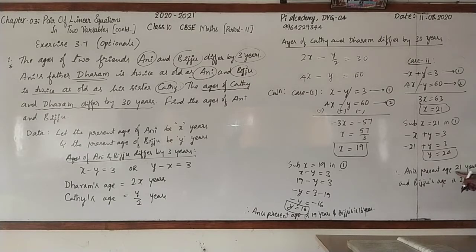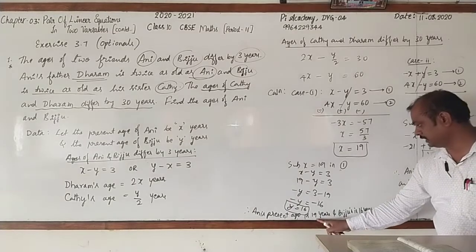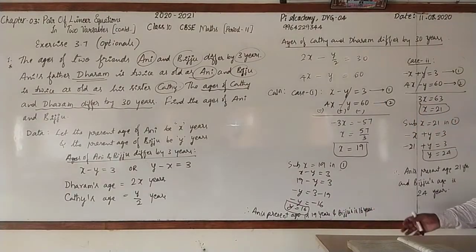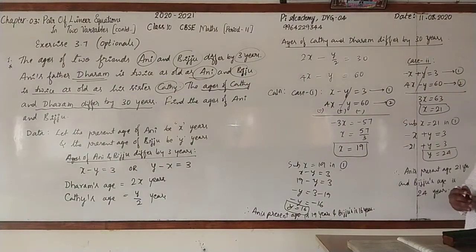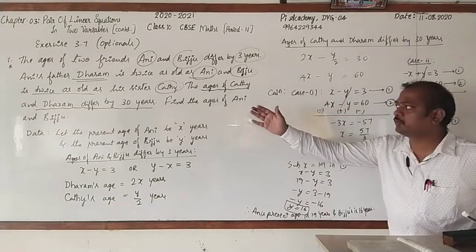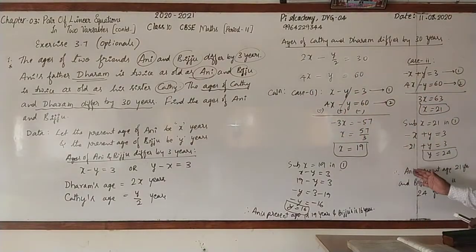See the difference of the age? 24 minus 21, 3 years. Here you can observe that 19 and 16. What is the difference of the age? 3. They are given: the ages of two friends, Ani and Biju, differ by 3. Got it? Yes. Please go for copying.